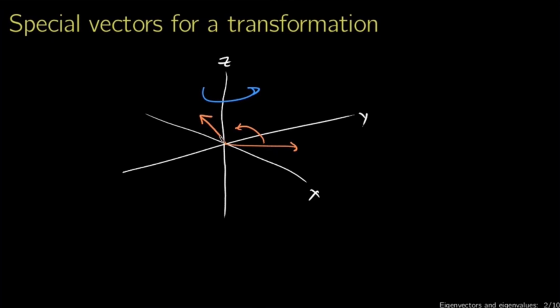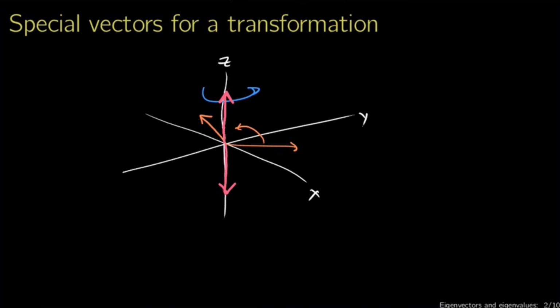A vector that points along the z-axis would remain unchanged, whether it's pointing upwards or downwards. These vectors that are unchanged in a transformation have some special status.